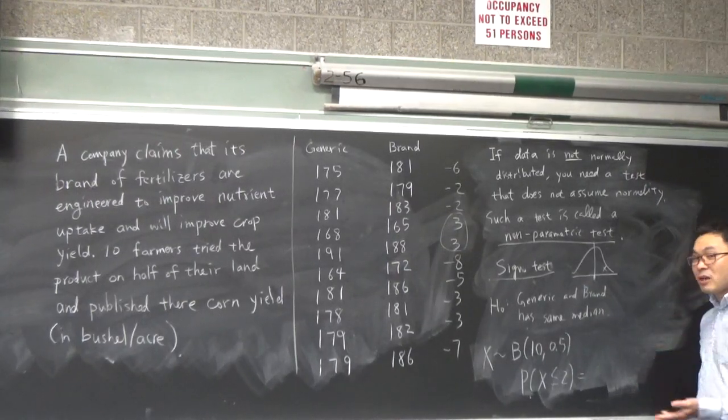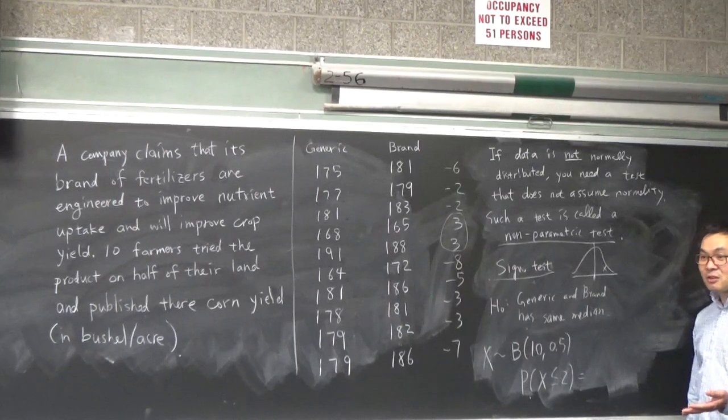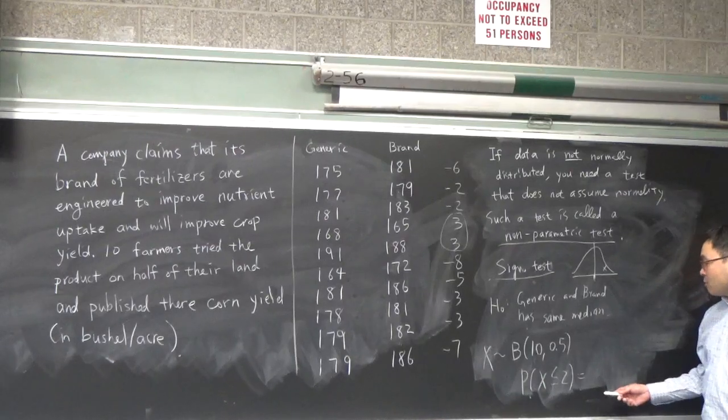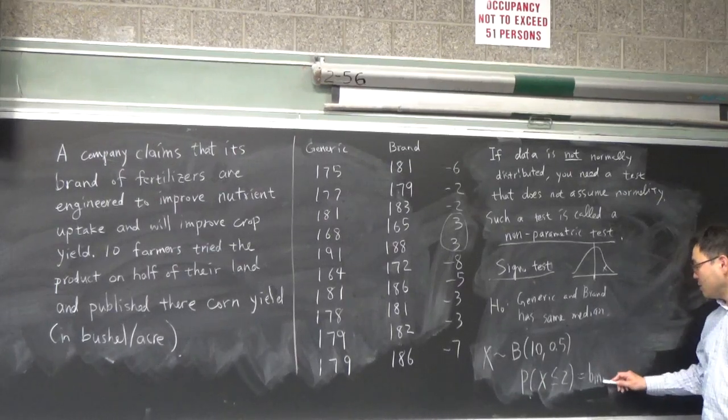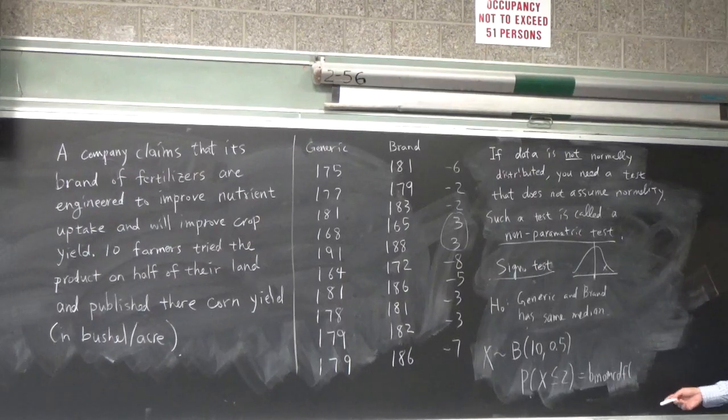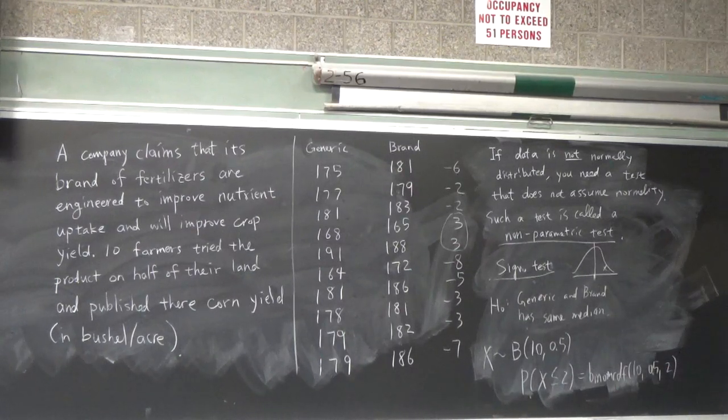But if you only get 2 positives, that's really suspicious, right? So you do this, which is binom CDF. Please use your calculator to help me out here. With 10 trials and X equal to 2, where probability is 0.5, you're looking for 2 or below. What do you get? 0.055.